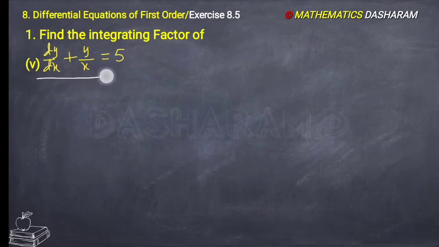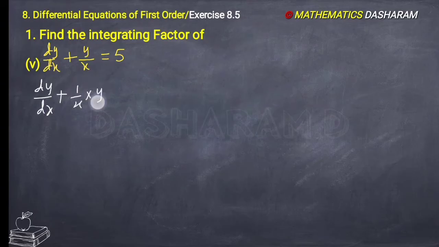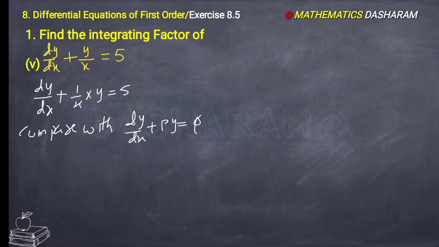Fifth question, dy/dx + y/x = 5. So dy/dx + (1/x) y = 5. Let's compare with the standard form. Here the P value is 1/x and the Q value is 5.